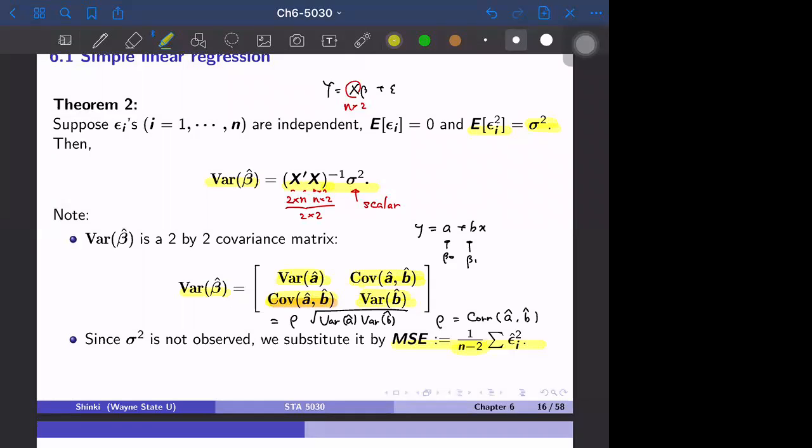Usually we only have one estimate: we estimate the population mean first, then for the variance we have 1 over n minus 1. But here we estimated 2 parameters to calculate epsilon hat squared, so we have n minus 2 in the denominator. So we plug in these numbers to estimate the variance of beta hat.